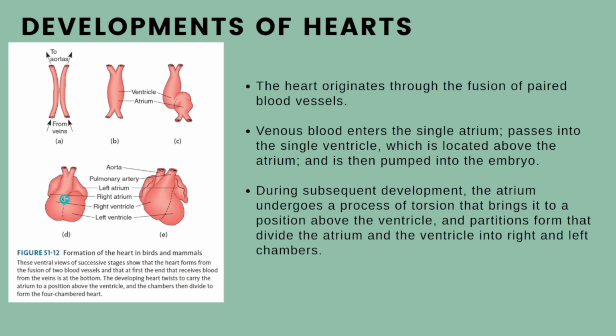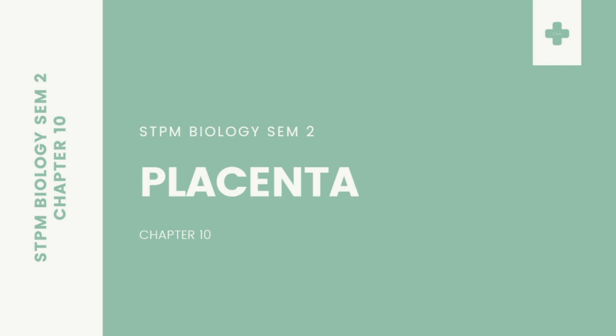And after that they start to separate into left ventricle, right ventricle, left atrium and right atrium. Finally the heart forms like the human heart we see now. So that's all about the organogenesis.